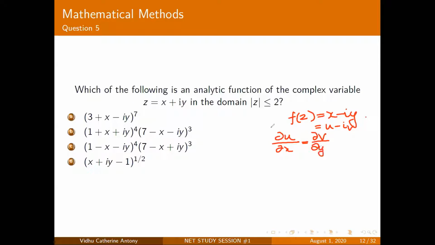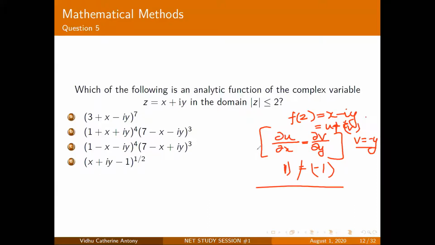That's the first CR equation. Let's see if that is valid. If I do dou u by dou x, my u is equal to x, I get a 1. But if I do dou v by dou y, there has to be a negative sign here. This is minus v, which is actually minus y. So here you end up having minus 1. Minus 1 is not equal to 1. That means your CR equations are not satisfied.